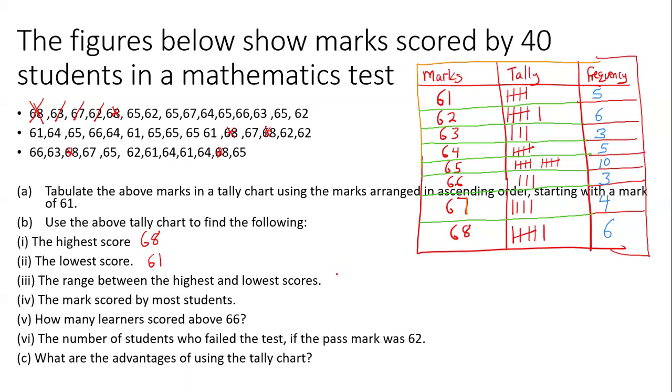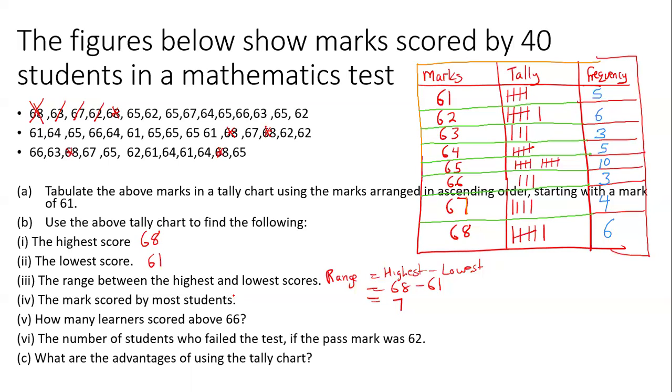How have you gotten 7? How do you get range? I've subtracted the highest minus the lowest. Okay, what was your highest? 68. Minus? 61. It gives you? 7. Okay, good.